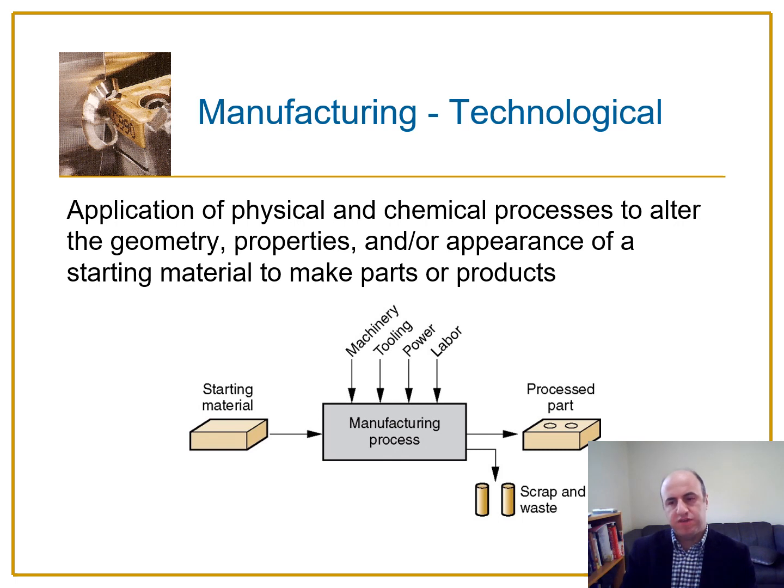As you see in this schematic, we have a starting material on the left, and then we have tools, machinery, power, and labor inside the manufacturing process, and the output is going to be a processed part. We have some waste material and scrap, and some of it can be reused.